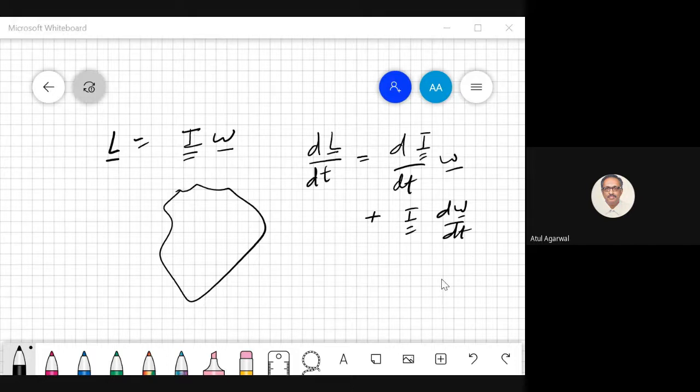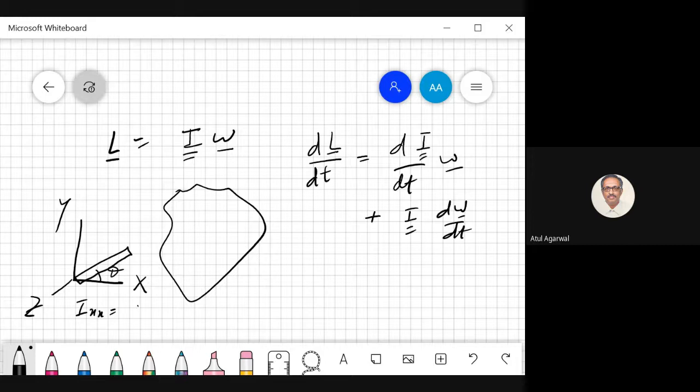Now this is your rigid body. This is your coordinate system. Now as this body rotates, its moment of inertia tensor is also changing. You see, I had done the case of a rod, and this angle was theta. What was my I-axis?